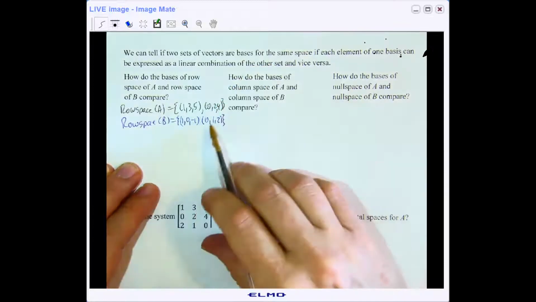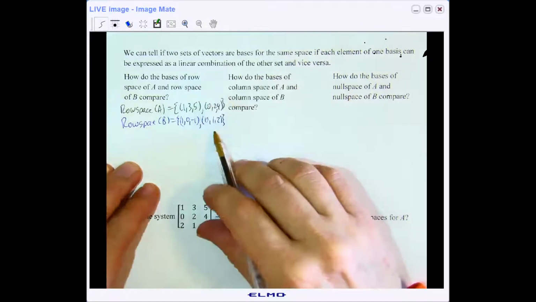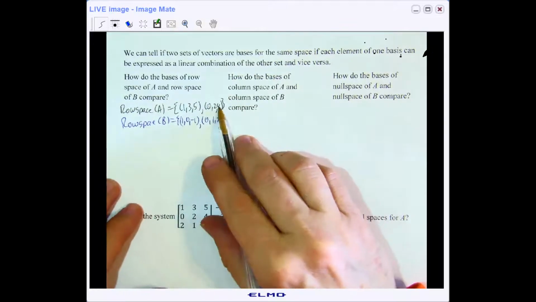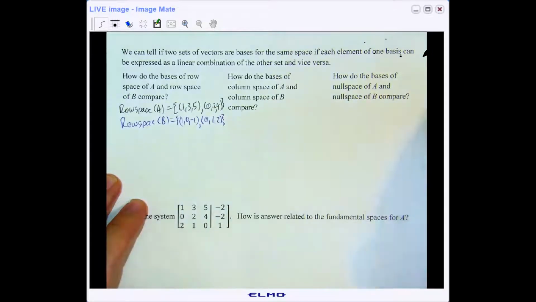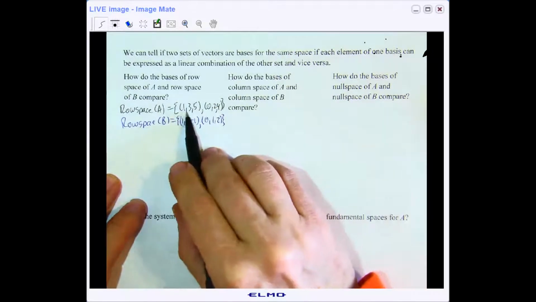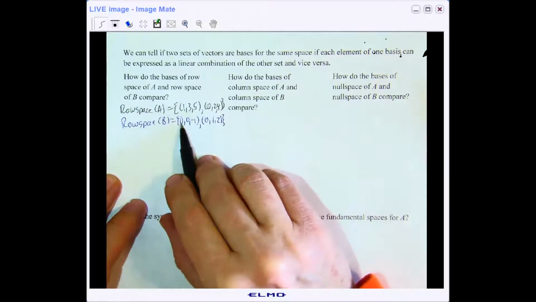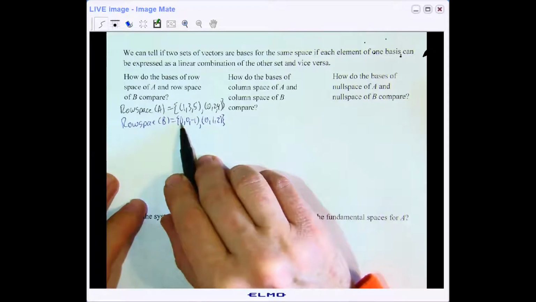Well, we can clearly see that the second row vector in B is a scalar multiple of the second row vector in A. But let's go ahead and check and see if we can express the vector 1, 3, 5 as a linear combination of the row space vectors in B.